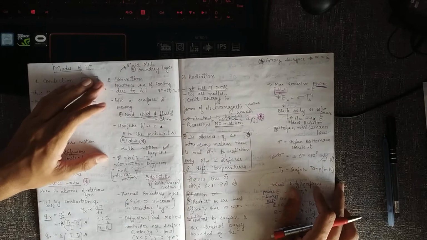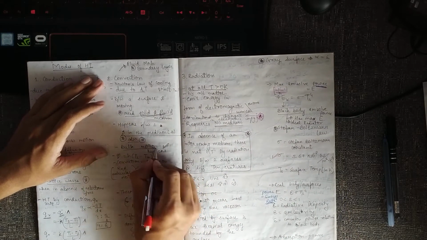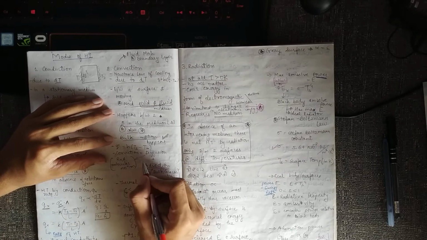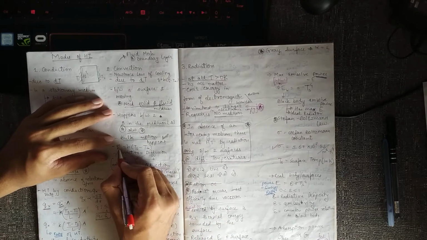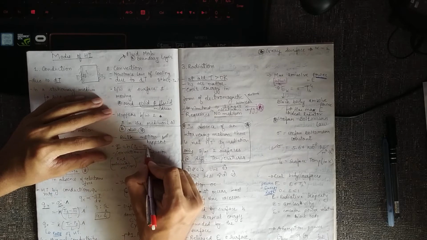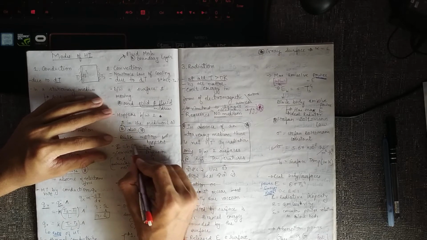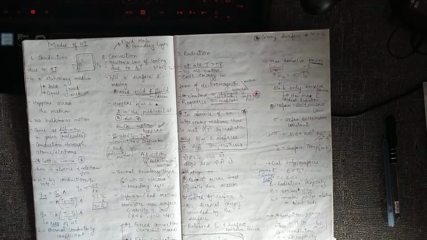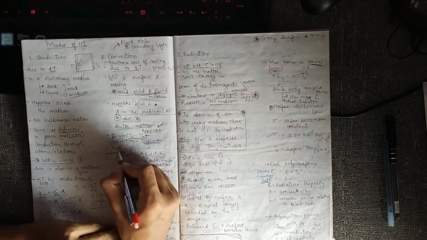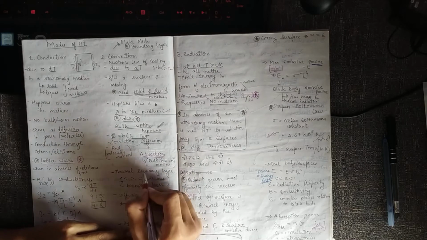Going into convection, bulk motion must happen, as I said earlier, and it is defined by Newton's law of cooling. It says that the flux is directly proportional to the difference between the bulk temperature of the fluid and the surface temperature. And convection inherently includes diffusion, or the conduction part of heat transfer.